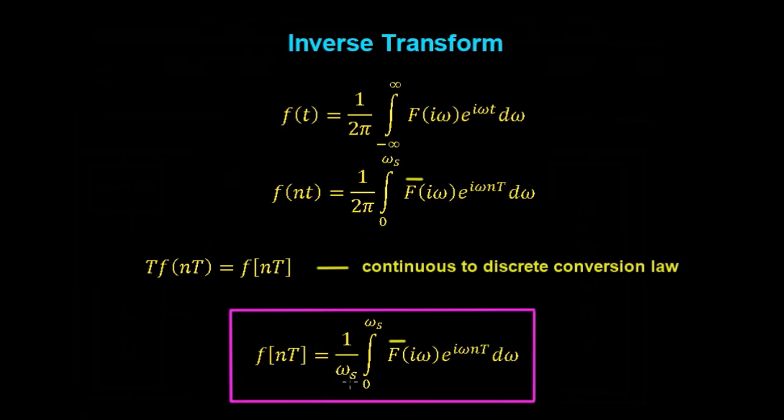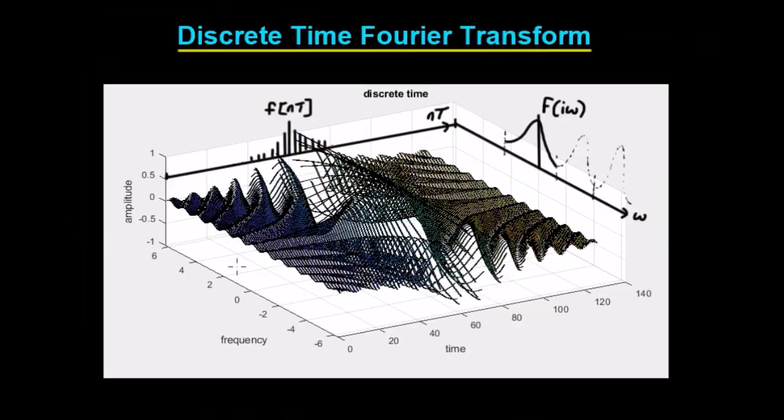And also a thing to note here is that whenever we do the integration, you'll note that we're integrating with respect to our frequency axis, which is continuous, but we only need to integrate over one of these periods. So we only need to integrate from, say, minus ωs upon 2 to ωs upon 2, or equivalently from 0 to ωs, because the spectrum is repeated again and again over and over, and we only need one of these periods in order to reconstitute this function of time.